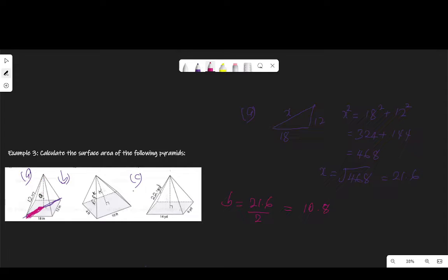With that, we can get the vertical height, which is A in this case.